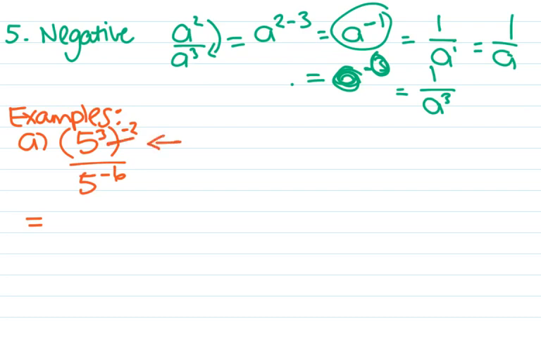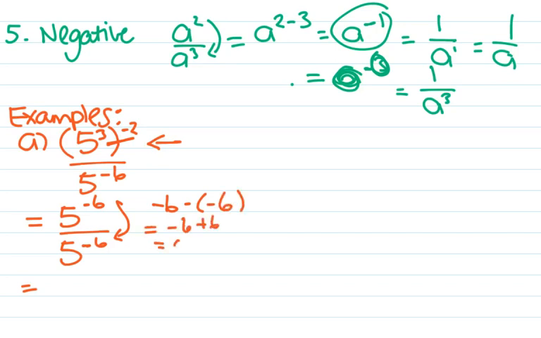So I'm going to multiply the 3 and the negative 2, which leaves me with 5 to the power of negative 6 over 5 to the power of negative 6. Now I'm dividing with the same base, so I can subtract their exponents. Negative 6 minus negative 6 is the same as negative 6 plus 6, which is 0. So this equals 5 to the power of 0, which equals 1.